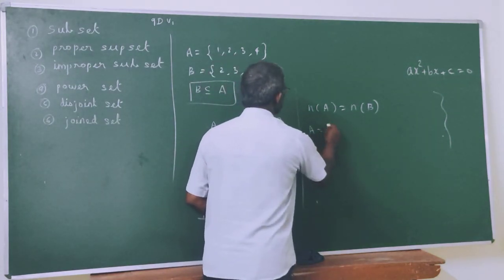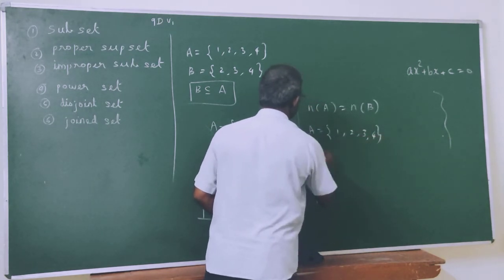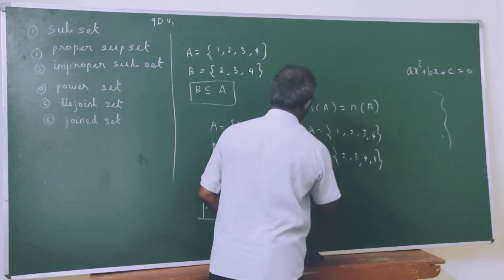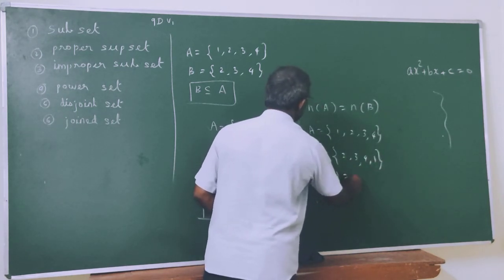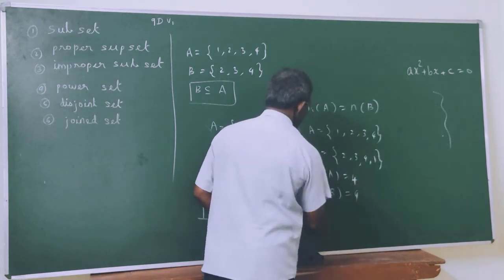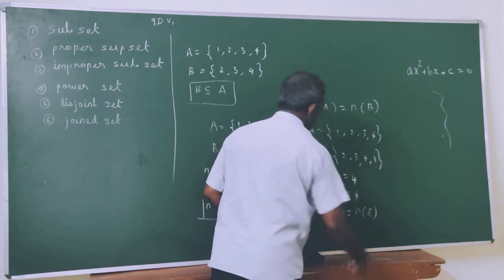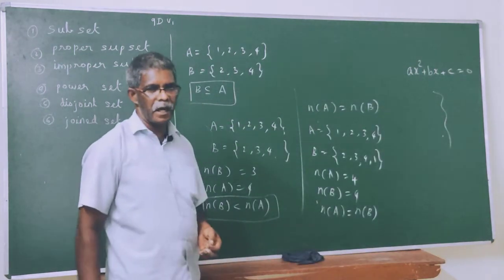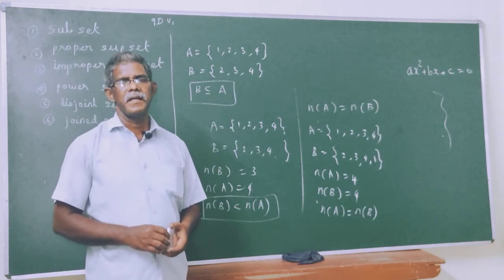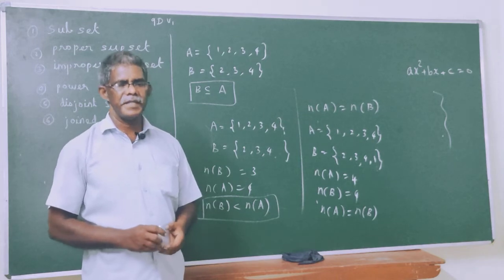If A is {1, 2, 3, 4}, then B is {2, 3, 4, 1}. Here n(A) is equal to 4, n(B) is equal to 4, so n(A) is equal to n(B). Therefore set A is an improper subset of B, and similarly set B is an improper subset of A.